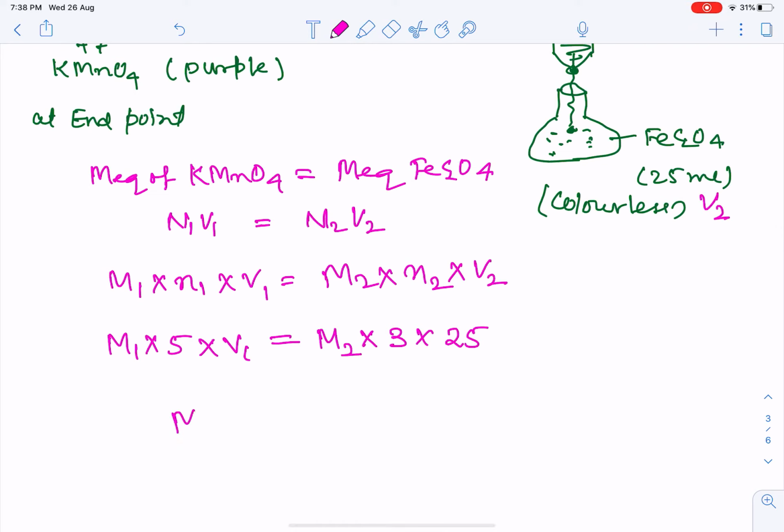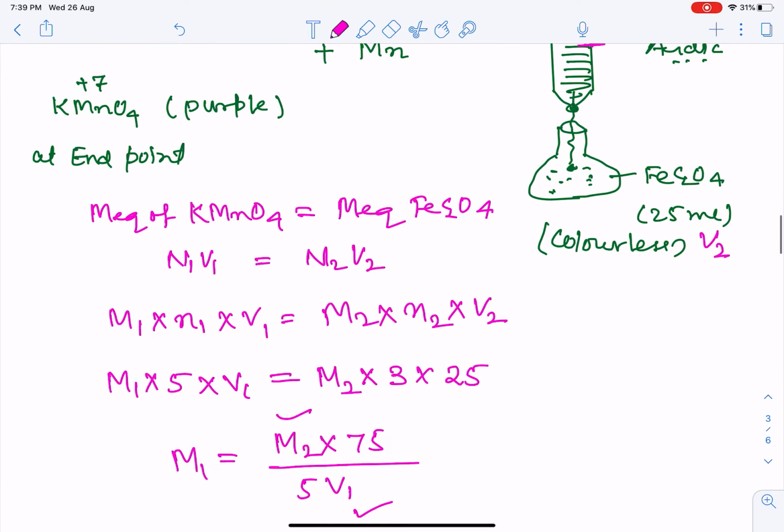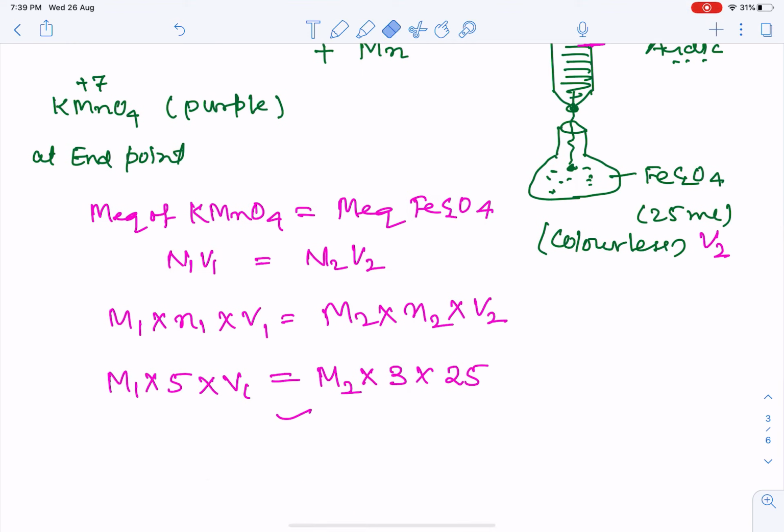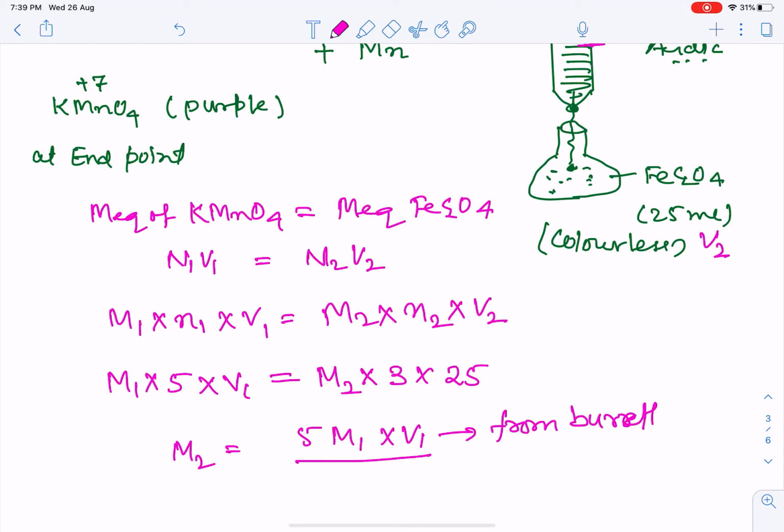So M2 will be equal to 5 M1 V1, that is from the burette, divided by 75.